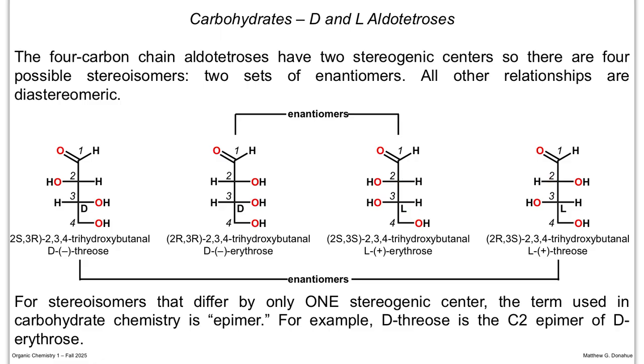We now generated 2 more carbohydrates. So the pairs that you see here, the D, the L enantiomers, and then the D and the L enantiomer pairs. So what's the relationship between these 2? These are diastereomers. You have one center that's the same, but the other one is different.